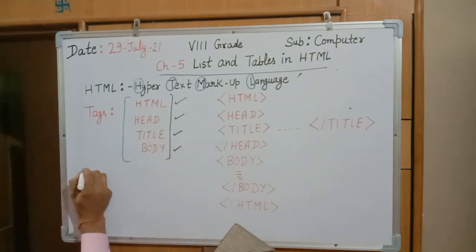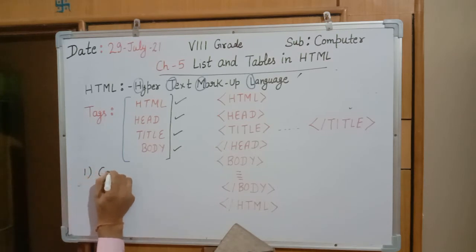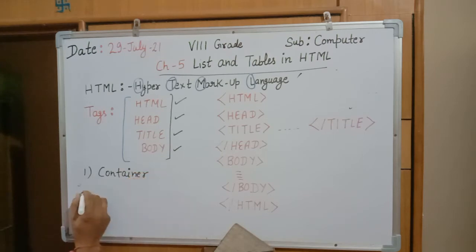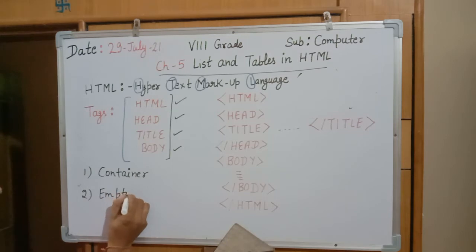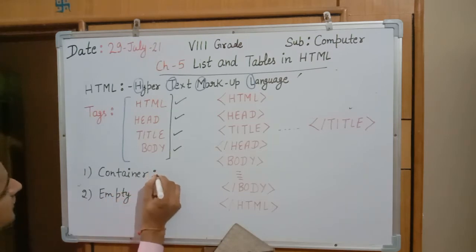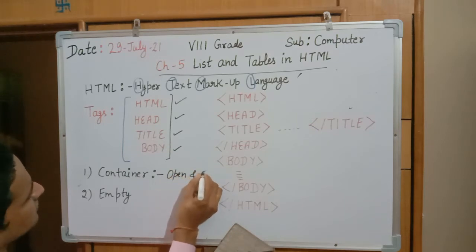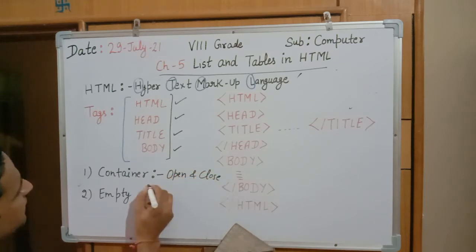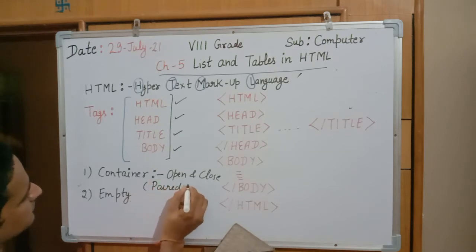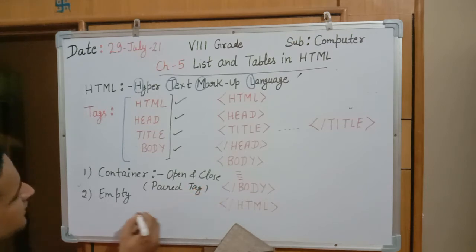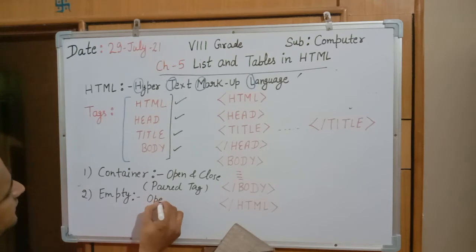Again, one more thing: we have 2 types of tags. One is container and the second is known as empty. What is the meaning of container? It opens and closes, and it is also known as a paired tag, that is, in the form of a pair, while an empty tag is opened only.